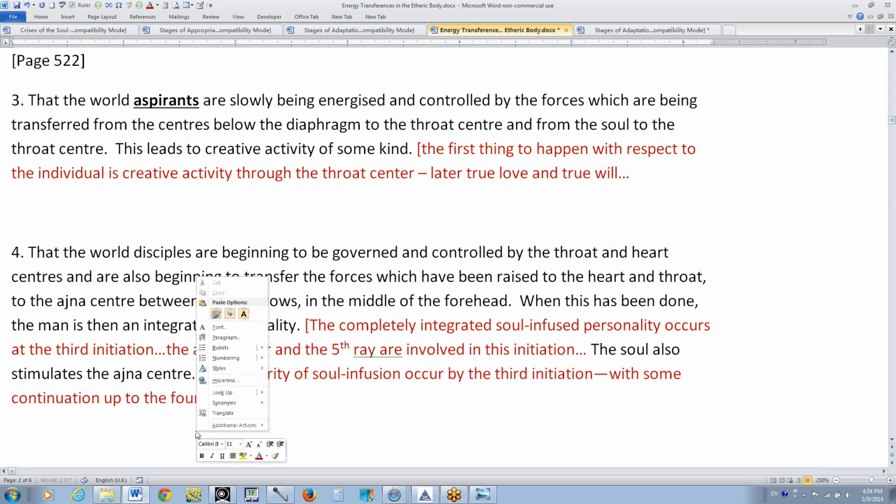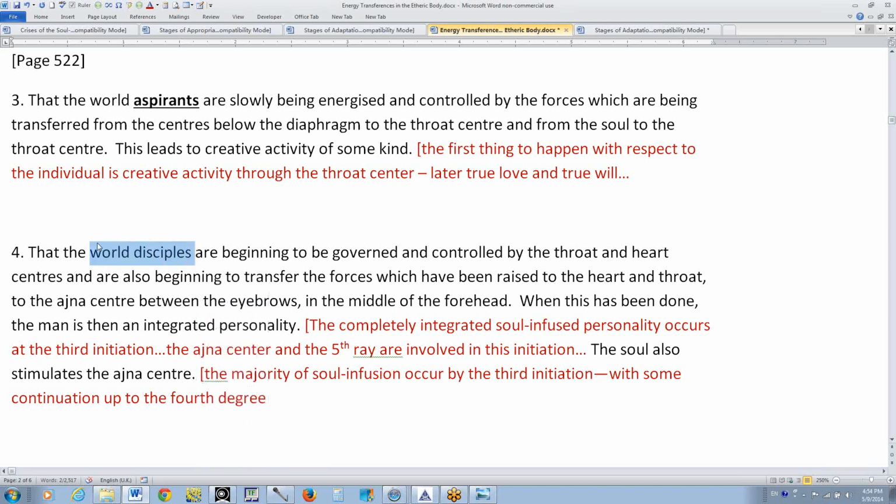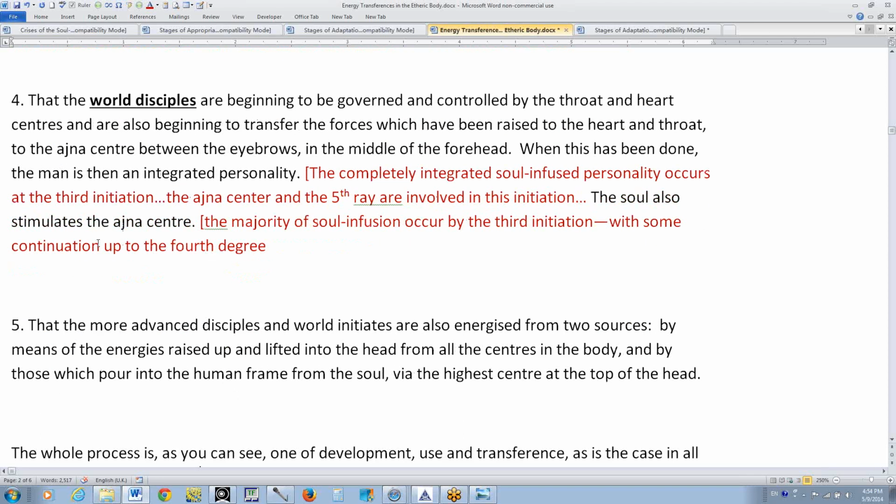Okay. So aspirants, disciples of the world, and here we know that he doesn't mean world disciples, because he talks about the more advanced disciples and world initiates and initiates of the world. So maybe now he's also talking about those initiates of the second degree, which are probationary initiates, and then world initiates.